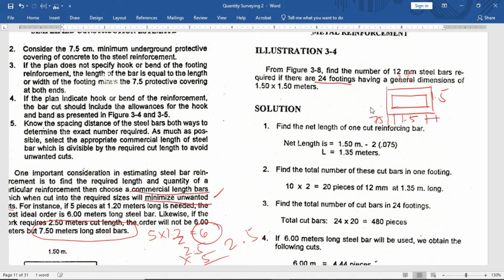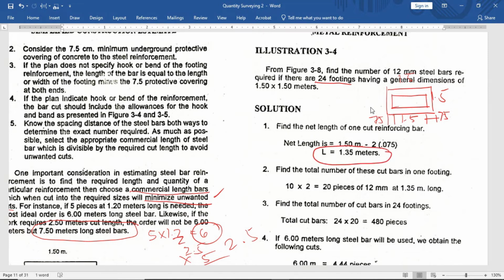So 75 mm rin dito, tapos 75 on all sides. So kung 1.5 itong total, pabawasan natin ng 75 in one side and the other side. So ang magiging formula natin is 1.5 minus 2 times 0.075 meters. So, yung net length ng bakal natin na gagamitin is 1.35.